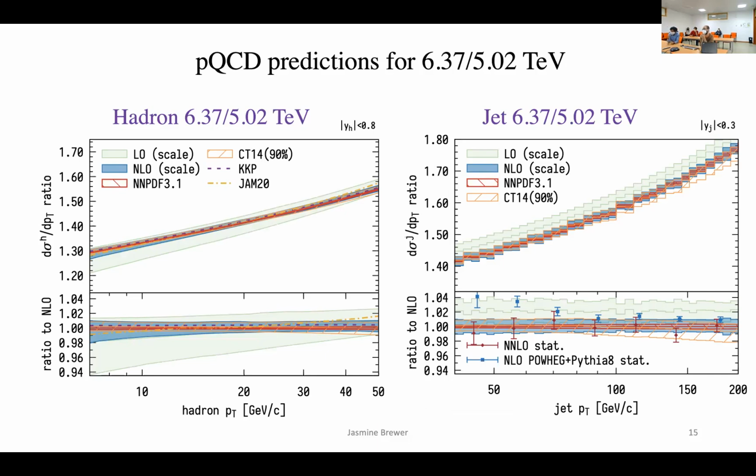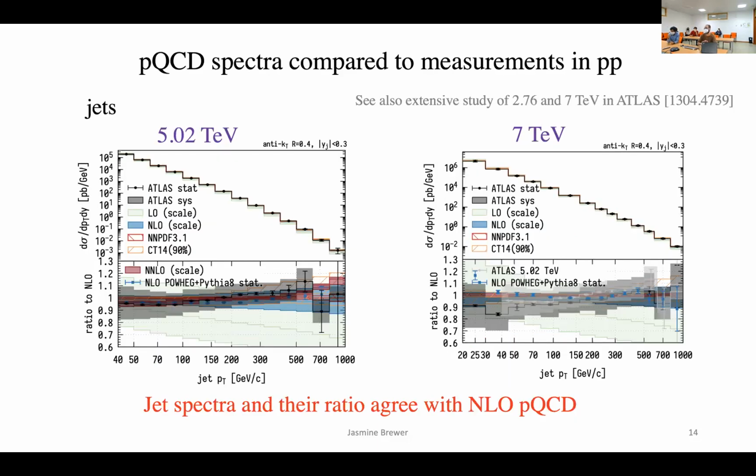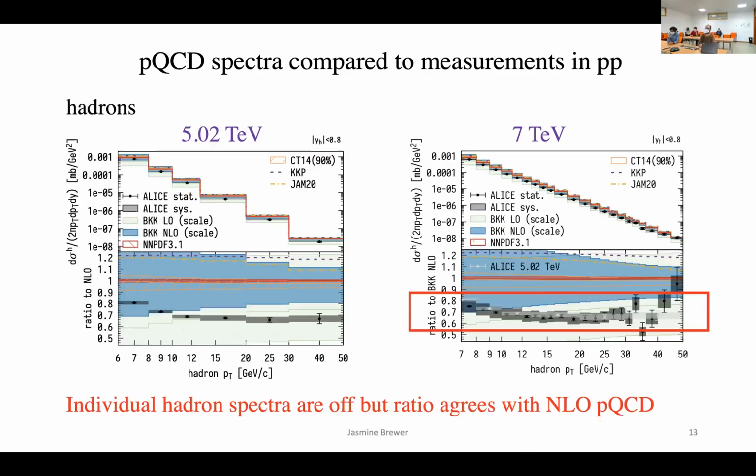If you go back one more slide, to the hadrons, here you just show these two energies. So has anyone looked at more energies, and has anyone tried to quantify how good this approximation is, the quotient of the calculation with respect to the quotient of the actual spectra?